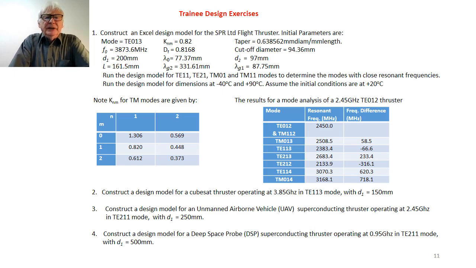Once you're happy that you have a working design model, what I suggest you do is then look at the sort of thrusters that we are going to be looking at in later lectures for different applications. One that immediately springs to mind is a thruster for a CubeSat operating at 3.85 gigahertz in a TE113 mode, starting with a diameter D1 of 150 millimeters.